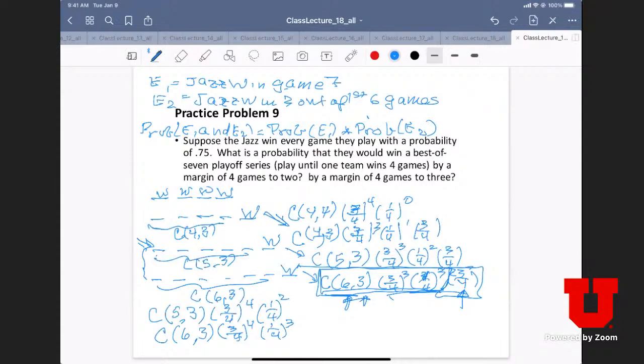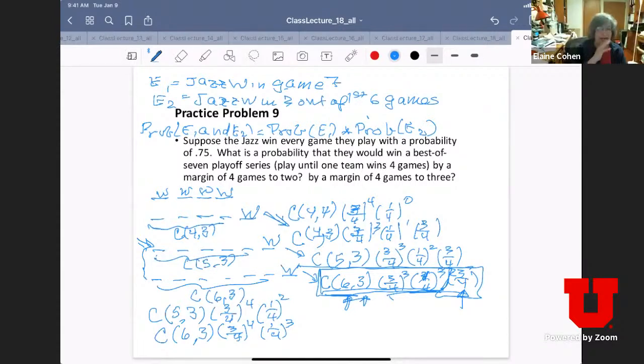Okay. So suppose I gave you a different problem. Suppose I said they're going to play 7 games, not a best of 7, but they're playing 7 games. What's the probability that the Jazz win 4 of them? That's the problem you would be solving if you put the number of combinations of 7 things taken 4 at a time times the probability of a win to the 4th times the loss to the 3rd.